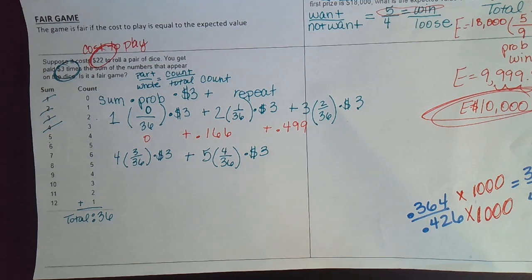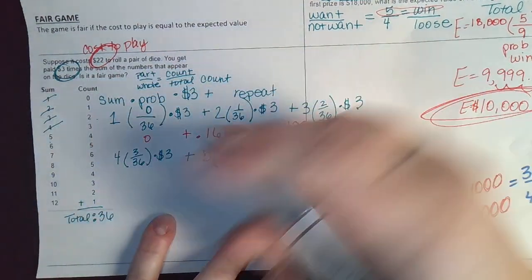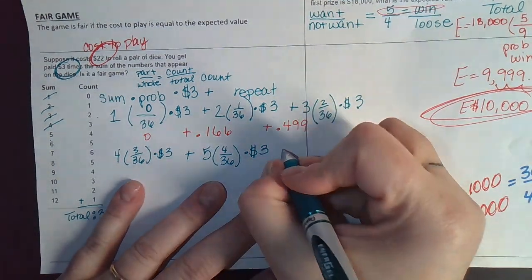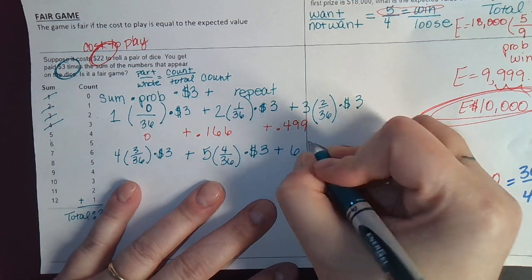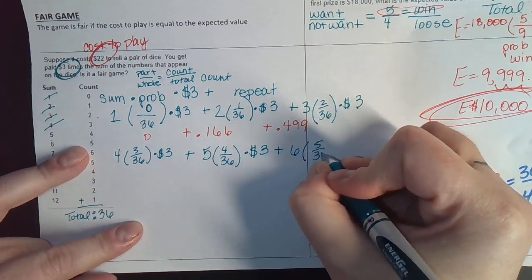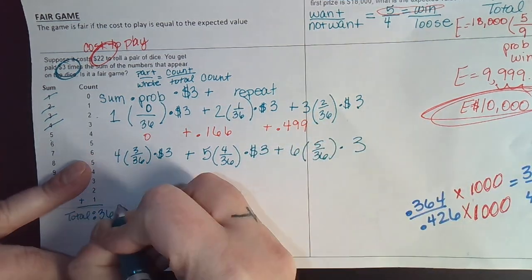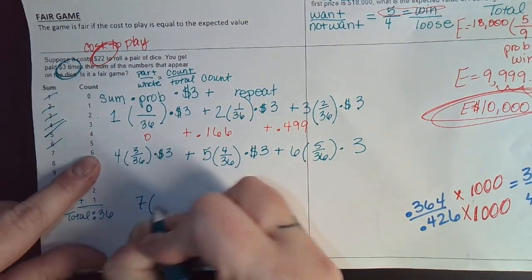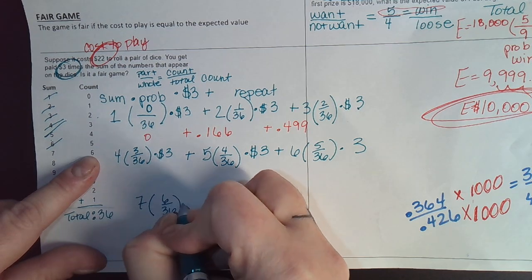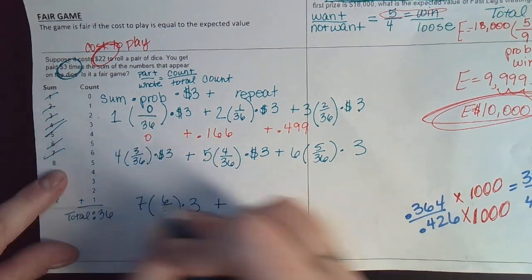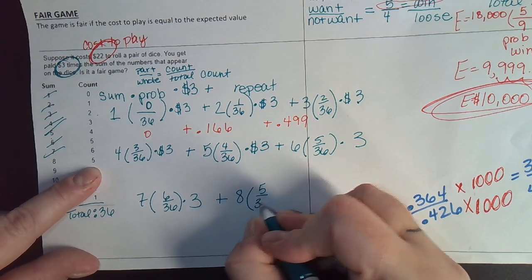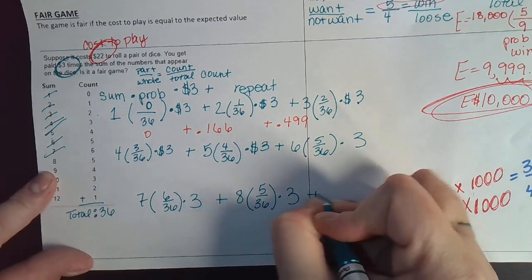Yeah, okay, so I think you get the point. And then you find all the decimals and you add it all up. Then we add 6 times 5 over 36 times 3. Then 7 times the count, 6 over 36 times 3. Plus the next one, 8 times the probability, which is the count, 5 over 36 times 3. Anyway, you get the point.